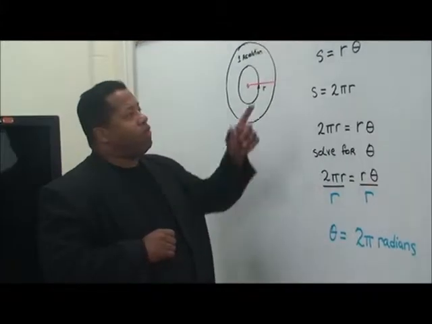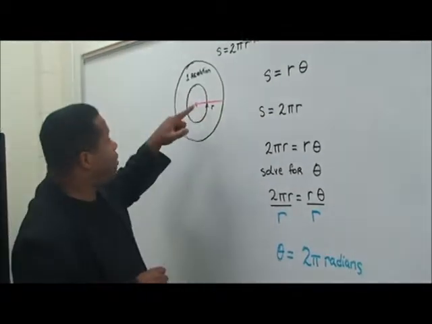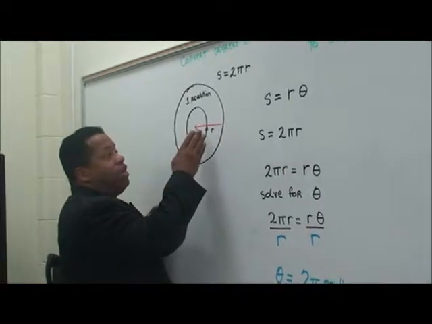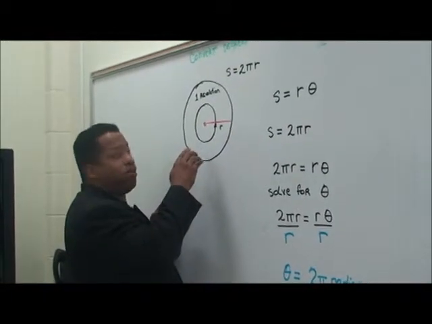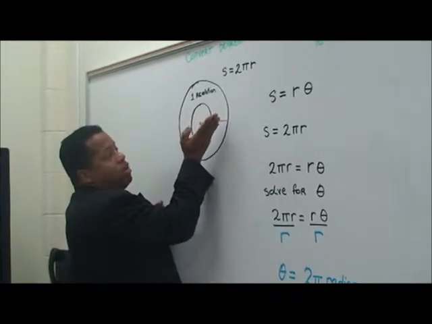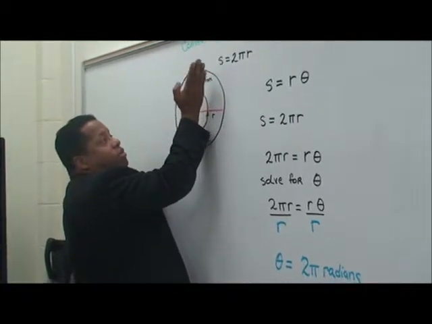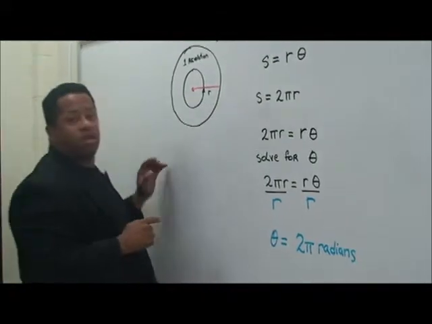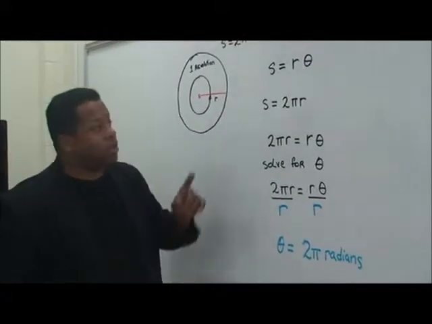However, if we have S right here, that will be considered an arc, with the angle's terminal side going all the way around till it hits 360 degrees.